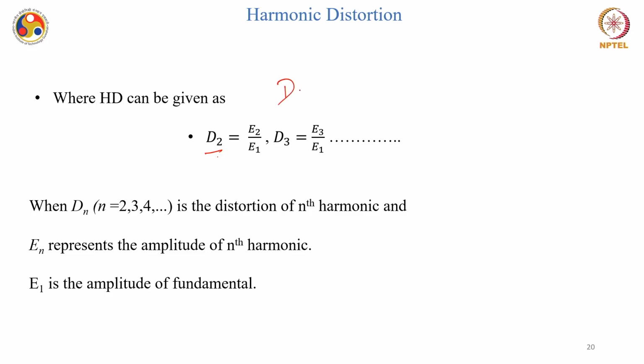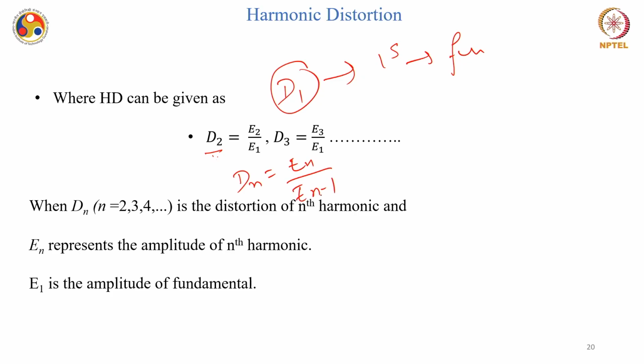I do not have any D1 because the first one I am calling the fundamental component or fundamental frequency. So, I have D2, D3 and so on, and these D2, D3, D4, D5 are equal to E2 by E1. Or I can say that Dn is equal to En divided by En minus 1.